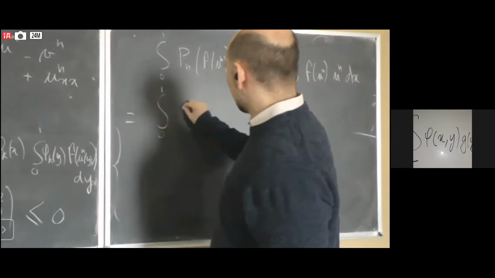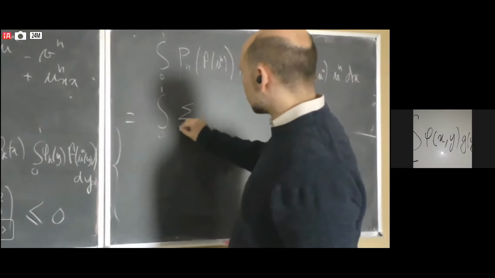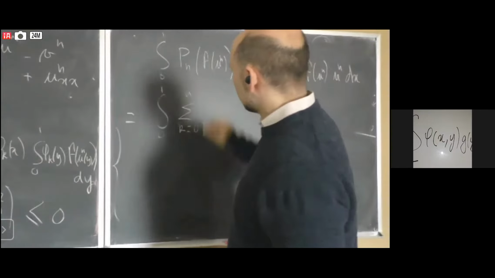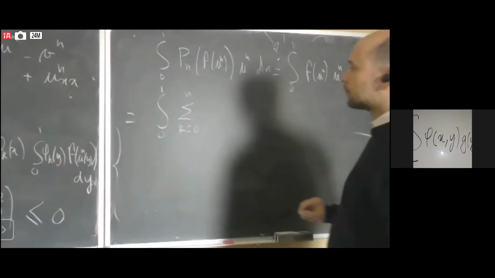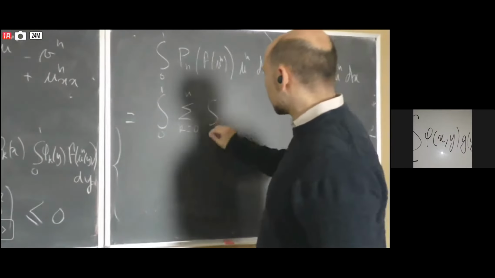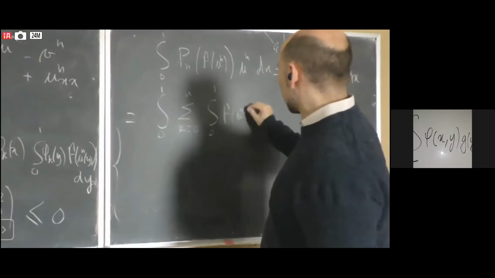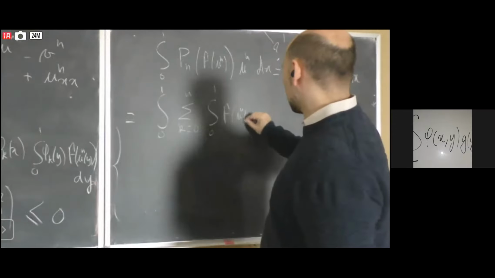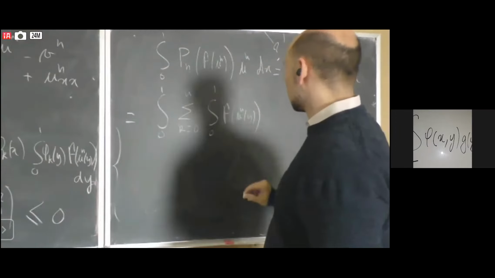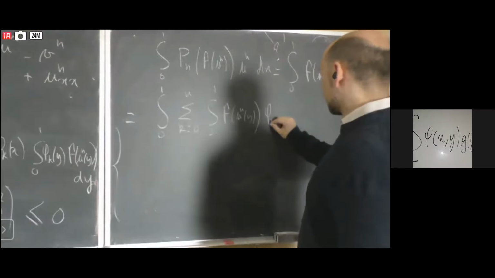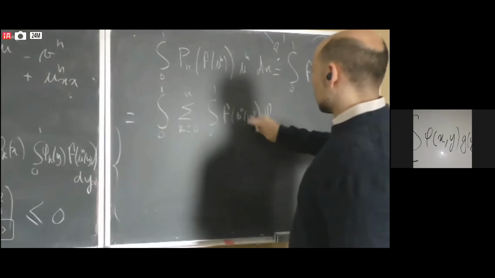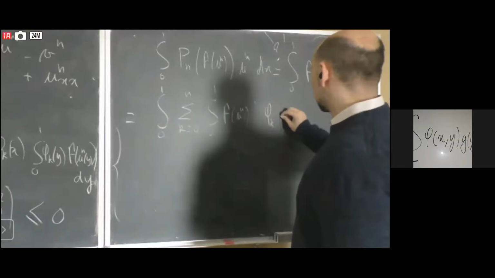So by definition, my Pn is the sum between 0 and n of the integral between 0 and 1 of f un of y phi k. So let me just write the dy here and here.